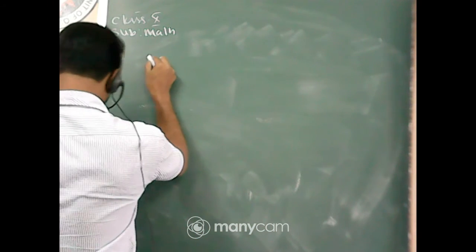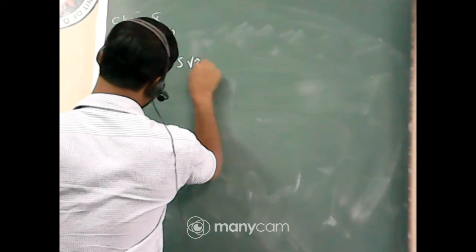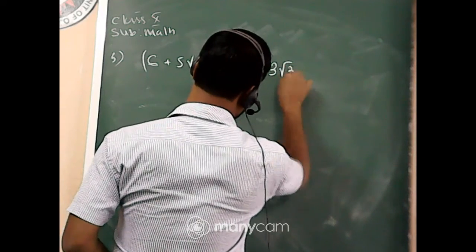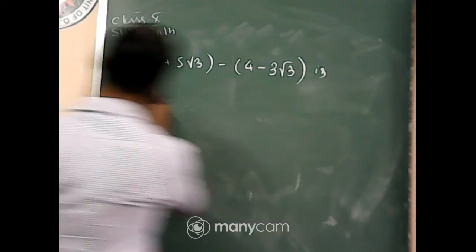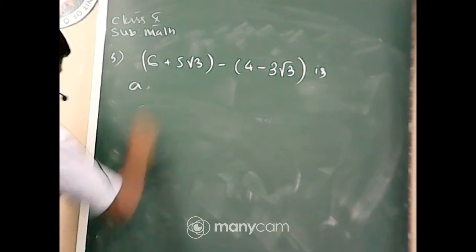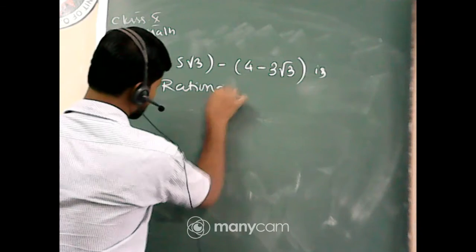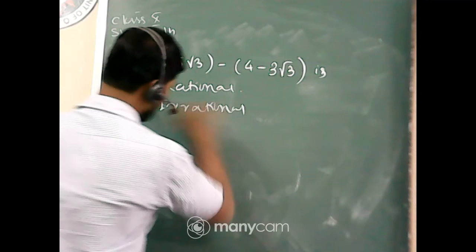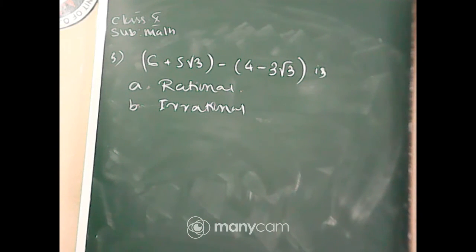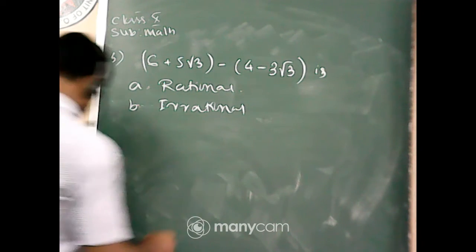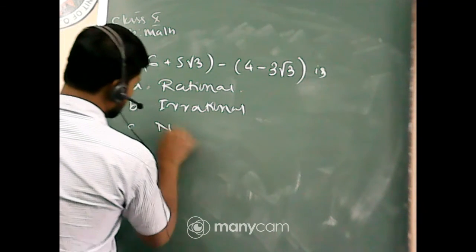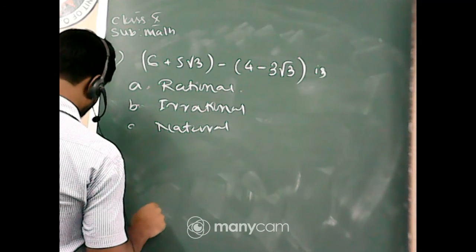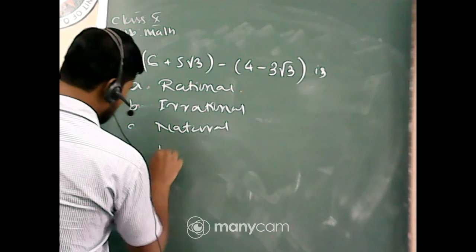The last question is: 6 plus 5 root 3 minus 4 minus 3 root 3 is, option A, a rational number; B, an irrational number; C, a natural number; and D, an integer.